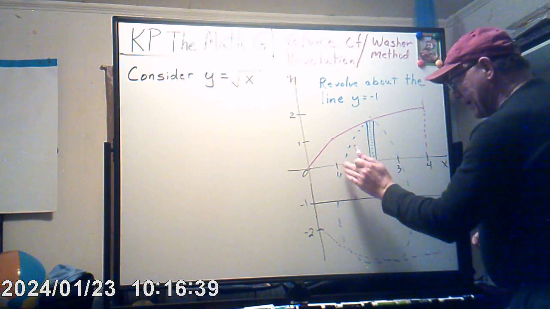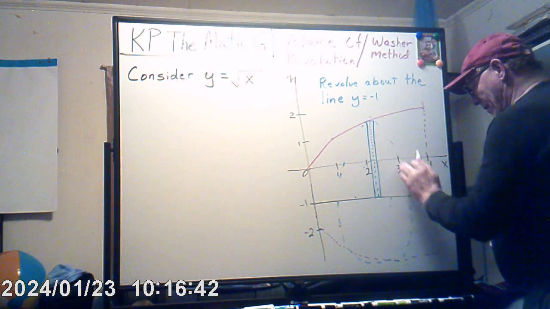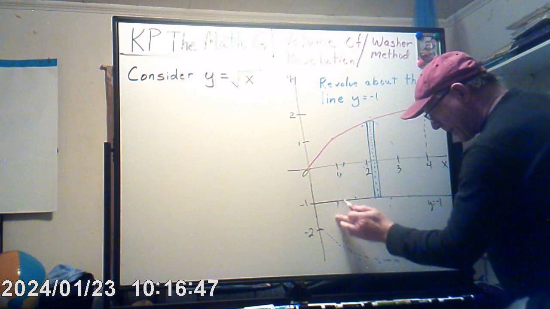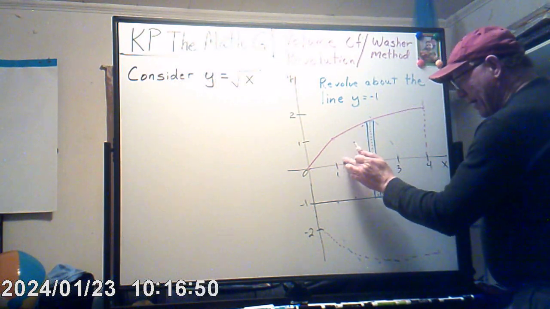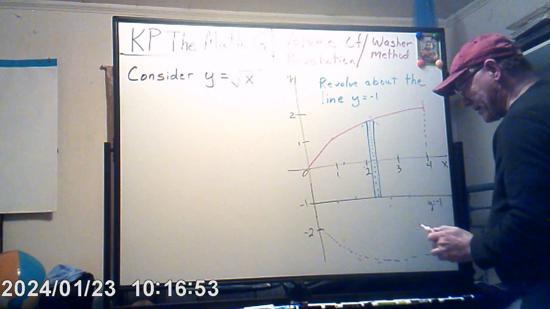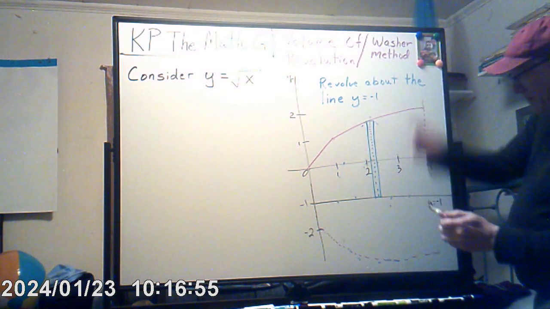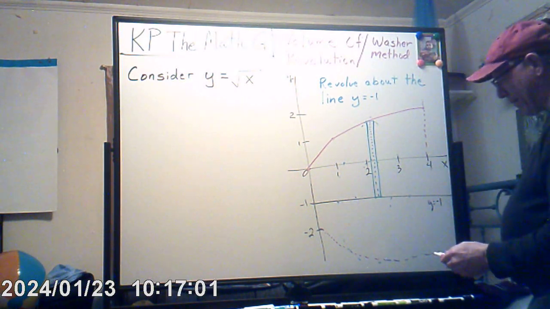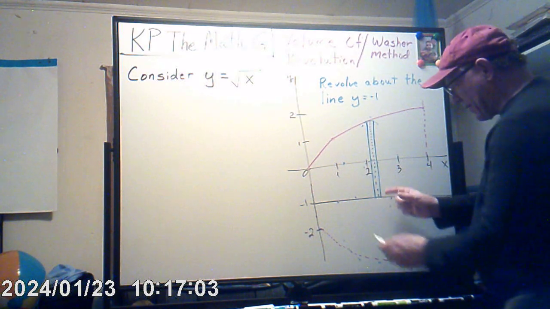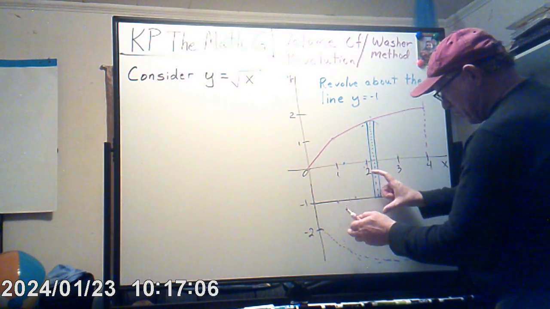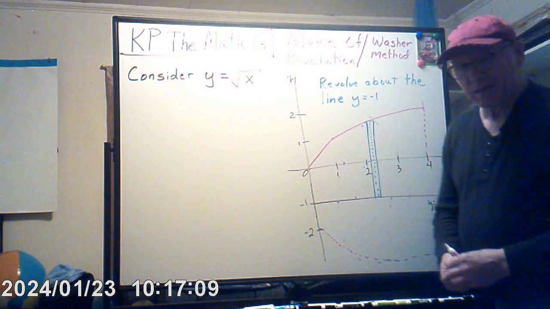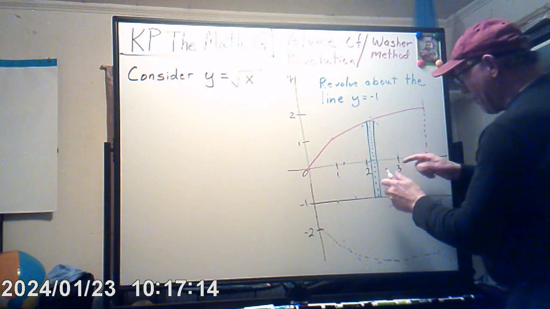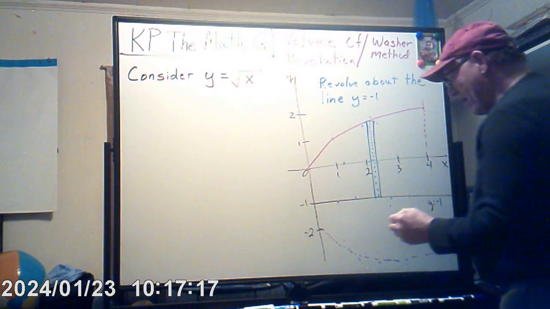I'm not good at drawing circles, as you can tell, but I try to make it oblong so you can see the outline of it as well as possible. This is going to rotate around this axis right here, but it's also going to leave a hole, 1 inch or 1 foot or whatever you want to say, right here.